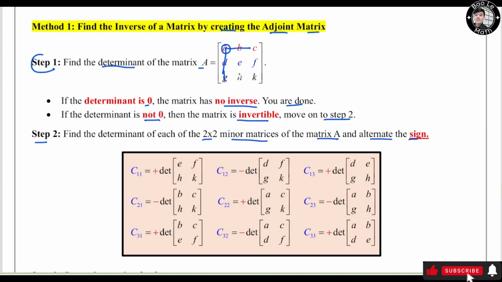Then the 2 by 2 minor matrix should be this guy right here. And the sign keeps changing. Plus, minus, plus. This one is negative, this must be positive, negative. And this one positive, this one must be negative and positive.